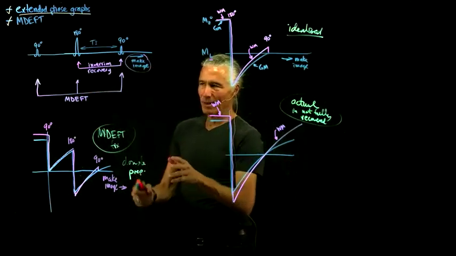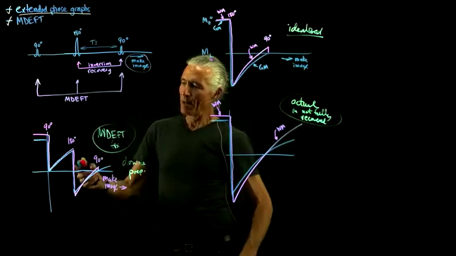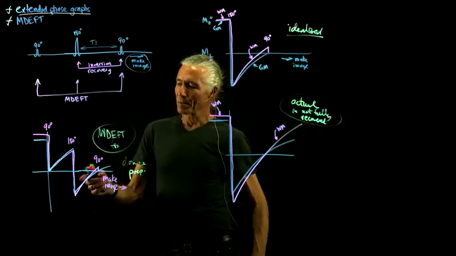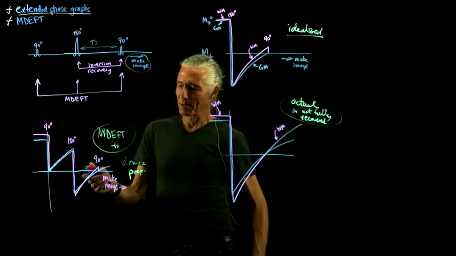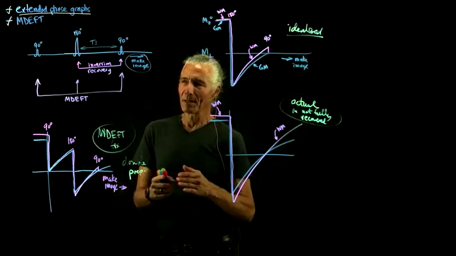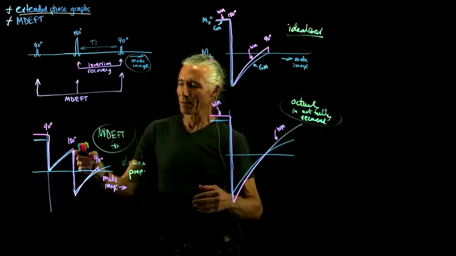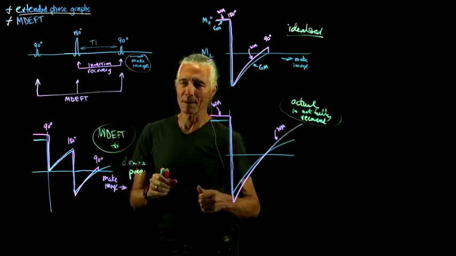So that's not drawing out the whole sequence, but you could end up with an equation, and then from that equation for the brightness of the MDEFT signal, you could determine what the optimal setting of the spacing between the 90 and the 180 and the 180 and the 90 would be.